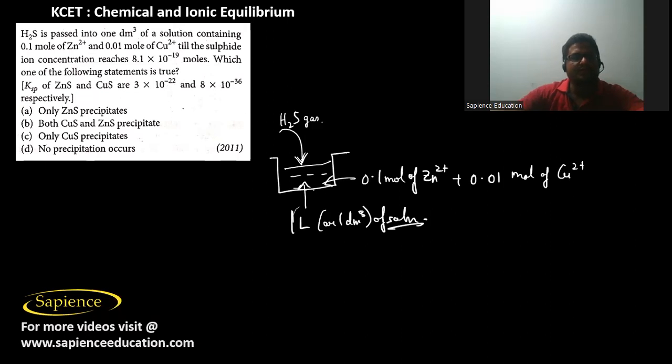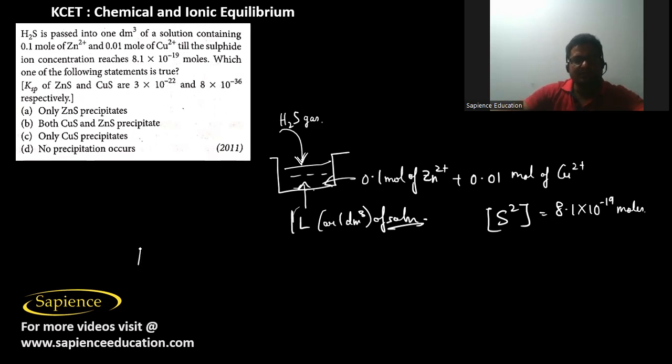H2S gas is passed through it till the sulfide ion concentration reaches 8.1 into 10 power minus 19 moles. Which one of the following statements is true? KSP of ZnS and CuS are these and these respectively. So which one will precipitate?